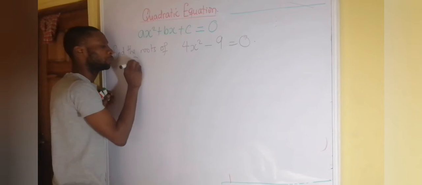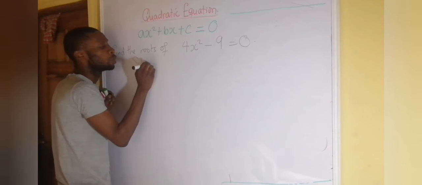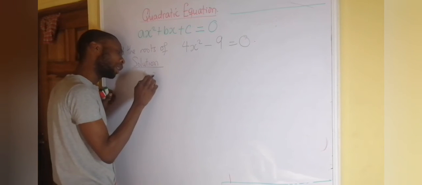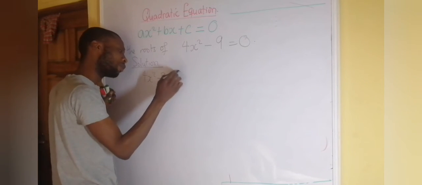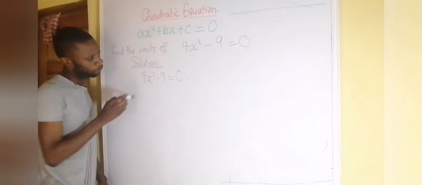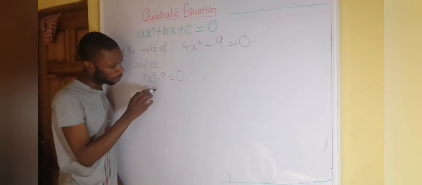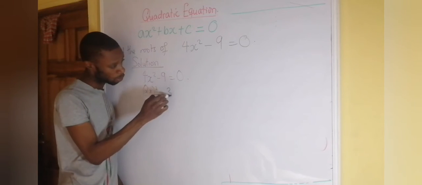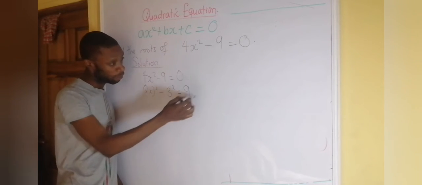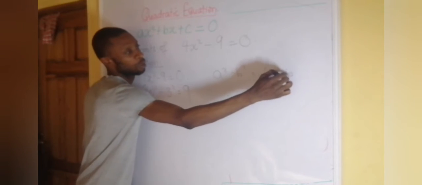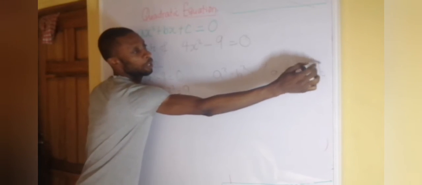So the solution to our problem: you have 4x squared minus 9 equal to 0. 4 is a perfect square, so you have (2x) squared minus 3 squared equals 0. Difference of two squares: a squared minus b squared equals (a minus b)(a plus b).